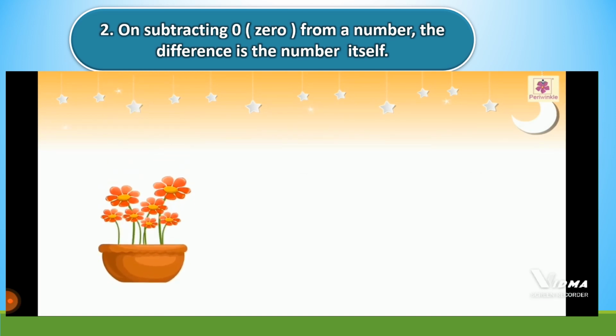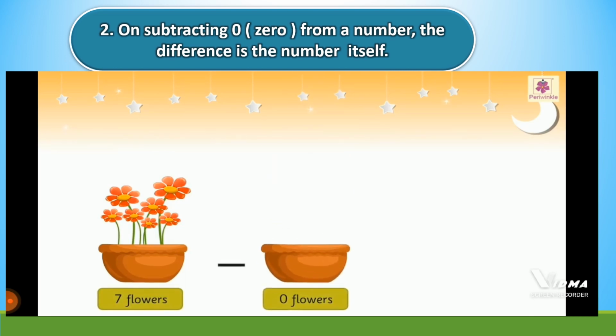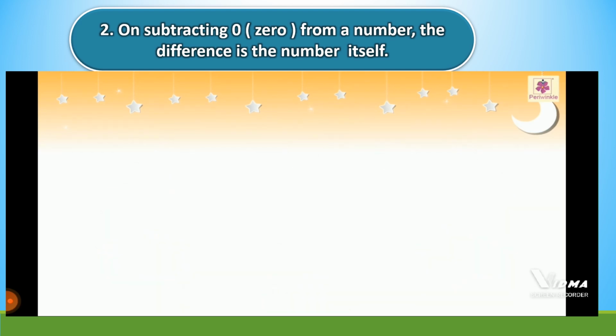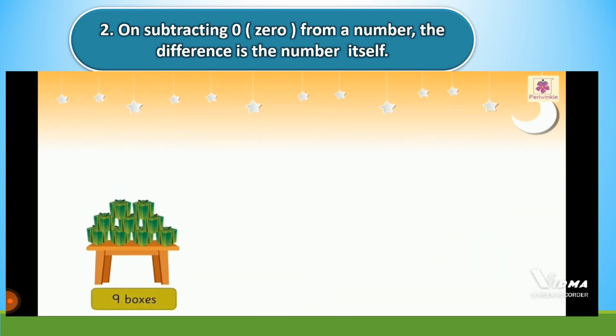Here we have the bunch of flowers. There are 7 flowers. Let's take away 0 flowers. So what remains? The answer is 7 flowers. 7 minus 0 equals to 7. 9 boxes on a table. Let's take away 0 boxes.